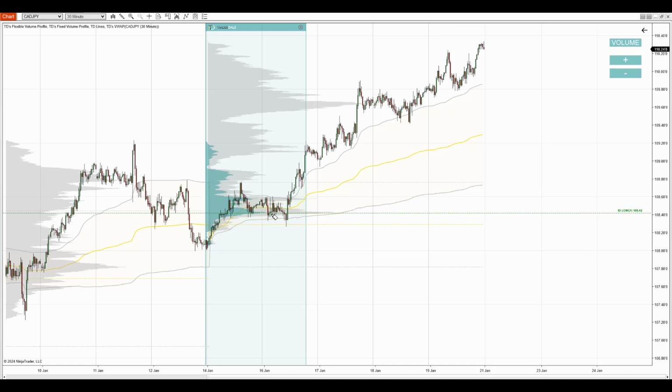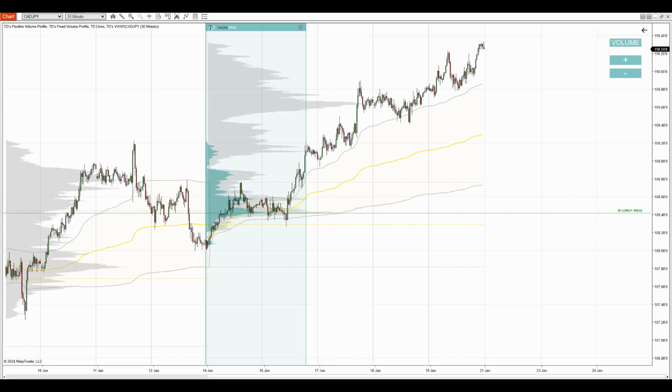This setup is called the volume accumulation setup. It is one of my favorite volume profile setups. What we need to do now is just wait for the pullback, and if it occurs, then take it from there, because chances are there'll be a reaction.